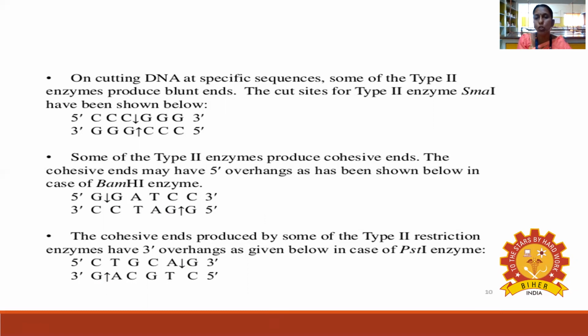Cohesive ends produced by some type 2 restriction enzymes have 3' overhangs, as given below, as in the case of the PstI enzyme. So the end products of restriction enzymes are of 2 forms: blunt ends and cohesive ends. These are involved in cutting and joining of DNA.